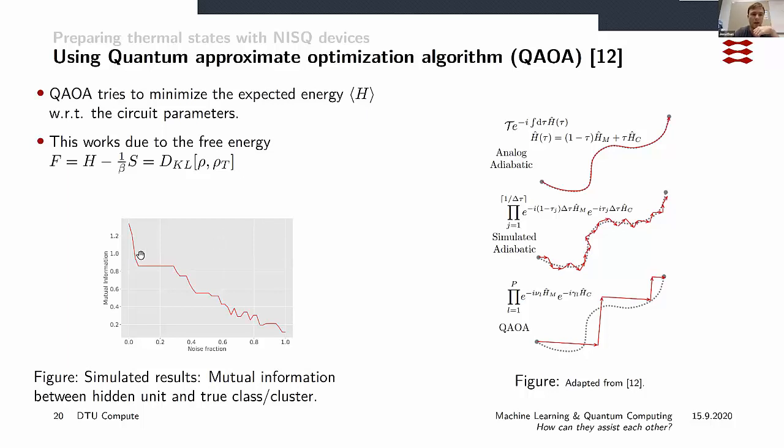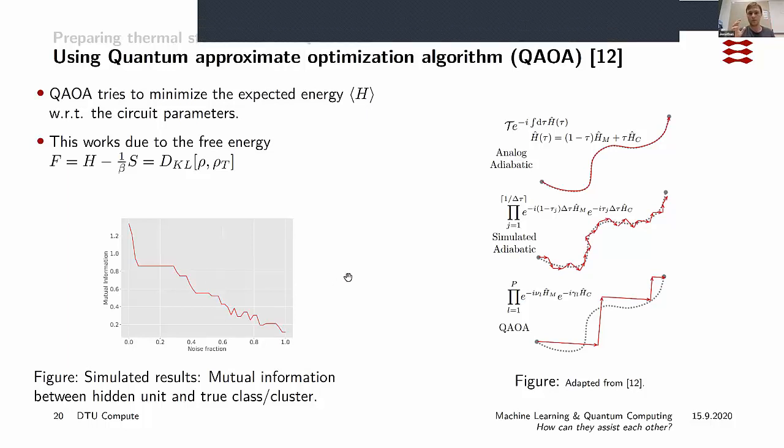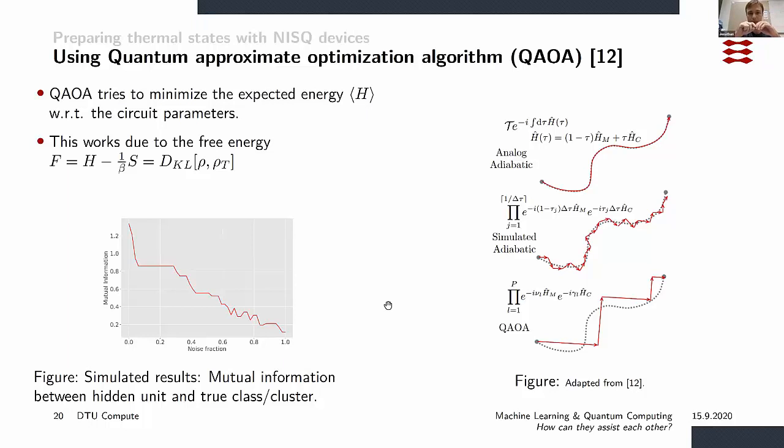Down here, I've shown my simulation of the exact same thing. So what I've done here is that I have the circuit, and then I train the Boltzmann machine, and after it is done training, I can put all sorts of noise on the training, but also on the data itself.